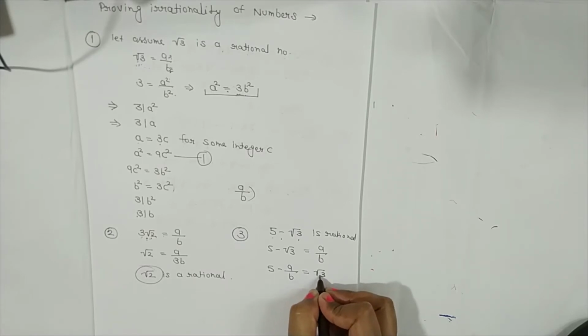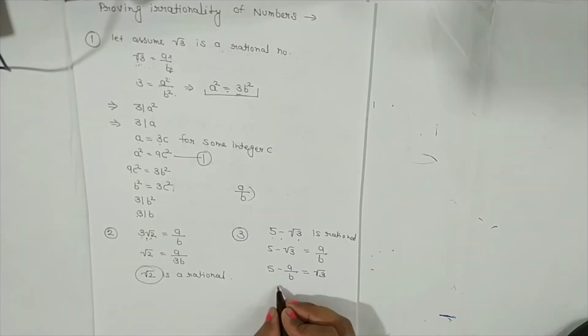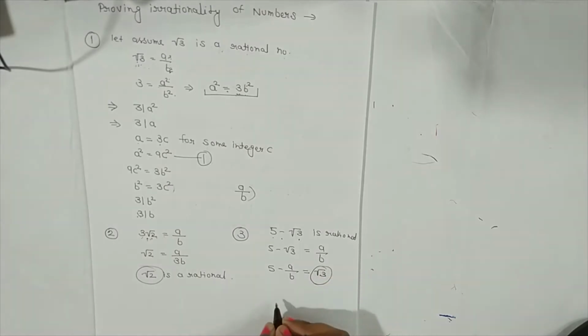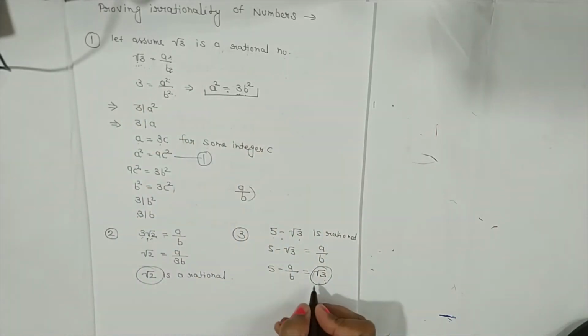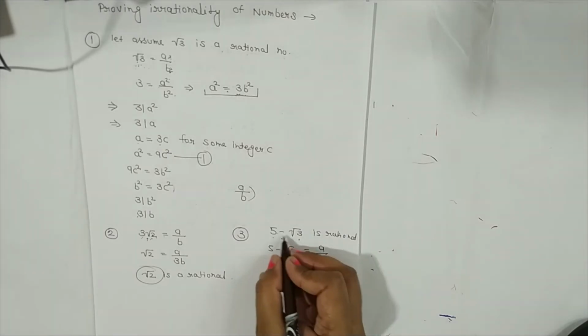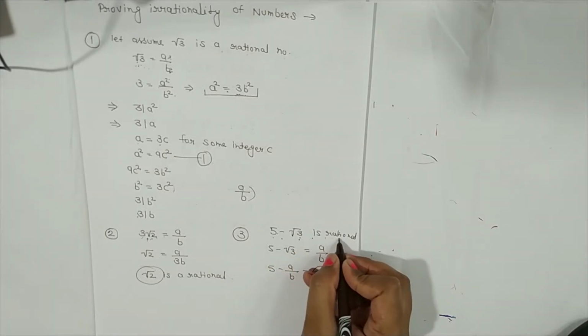So from this, root 3 is a rational number, but we have already proved that root 3 is an irrational number. So our assumption is not correct, so 5 minus root 3 is an irrational number.